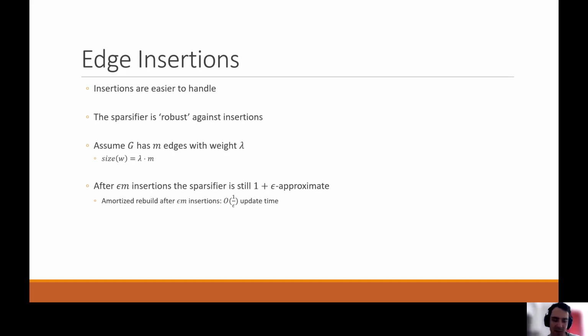Well, the matching size will become 1 plus epsilon m times lambda, which means that if we didn't even touch our sparsifier, it will still be 1 plus epsilon approximate. At this point we can just reconstruct our sparsifier in linear time, and throughout the whole process we will be 1 plus epsilon approximate to the proper solution, and this will result in an amortized 1 over epsilon update, which is completely fine for us.